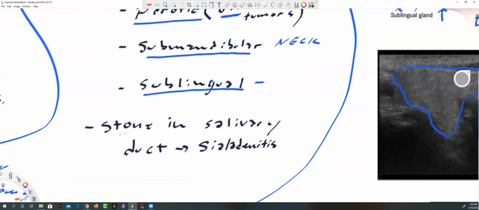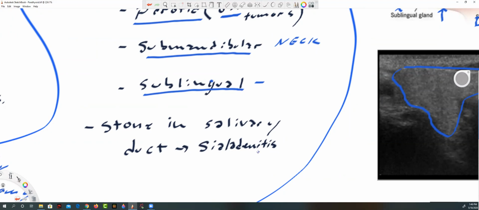One thing that can happen is you get a stone in the salivary duct. I was practicing saying this and now I've forgotten. Sialodenitis. And that doesn't refer necessarily to the stone itself.